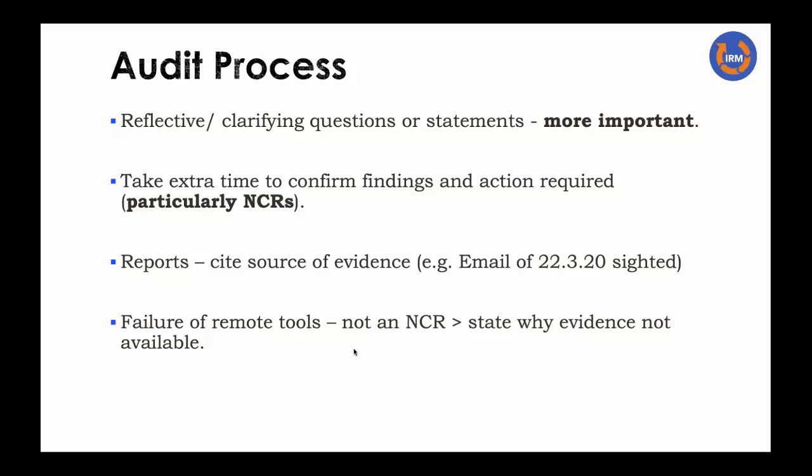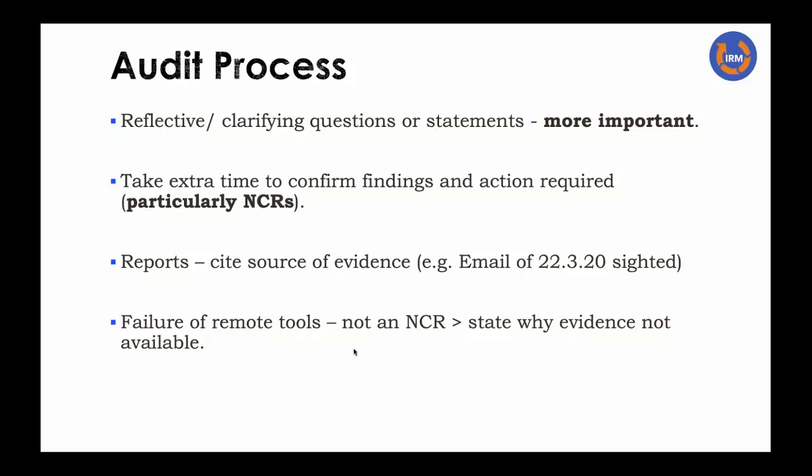One really important point too, and I have seen some misunderstanding here: say I call it a non-conformance because the auditees couldn't demonstrate that they've got their SECI data sheet, something like that. If the underlying reason is a failure of the remote auditing tools, that really shouldn't be an NCR. You've got two choices.